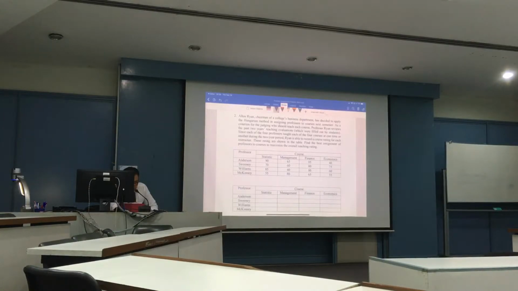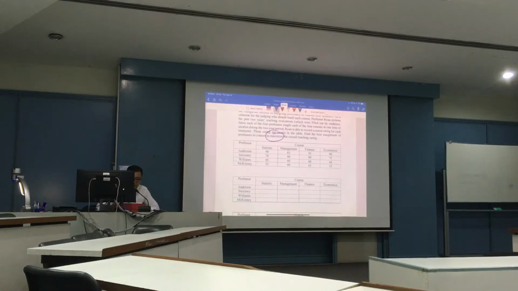Each professor taught each of the 4 courses at one time or another during the 2-year period. Based on this rating, we want to find the best assignment of professors to courses to maximize the overall teaching rating. So you can see the problem is maximization. And we still have the same number of professors and courses, 4 professors and 4 courses, so no need for a dummy.